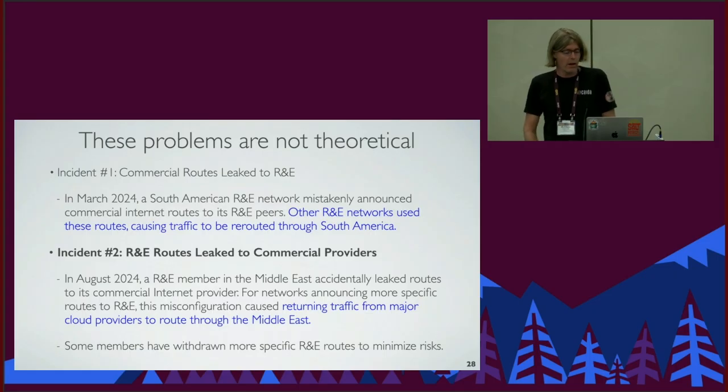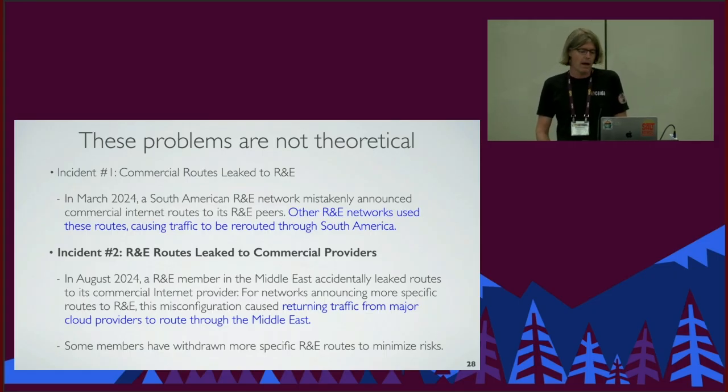Another incident where R&E routes were leaked to commercial net providers: an R&E member in the Middle East accidentally leaked R&E routes to its commercial internet provider. Some operators in the R&E space announce more specifics in the R&E table so that they can attract most of their traffic through the R&E community if the other R&E partner has that most specific route.